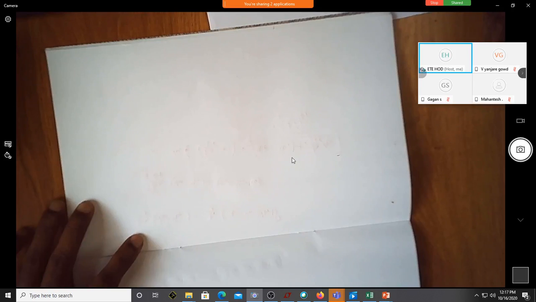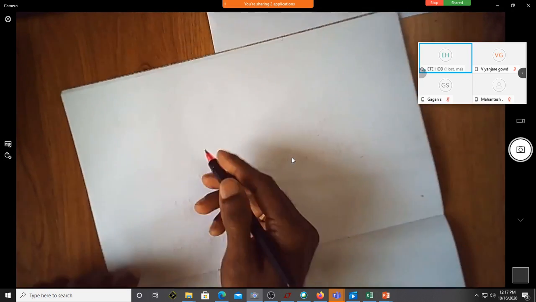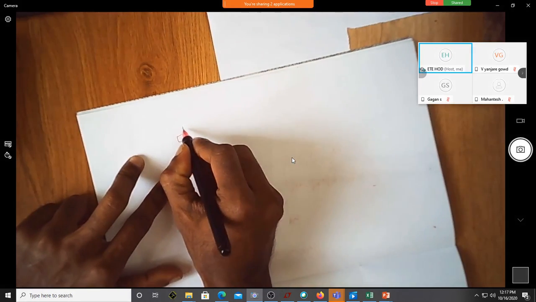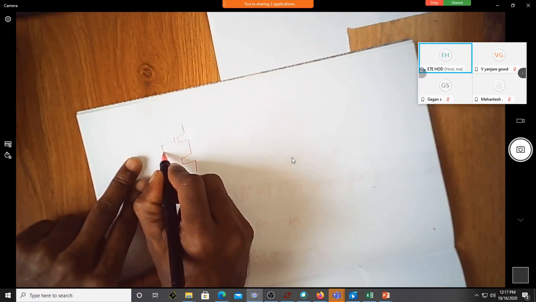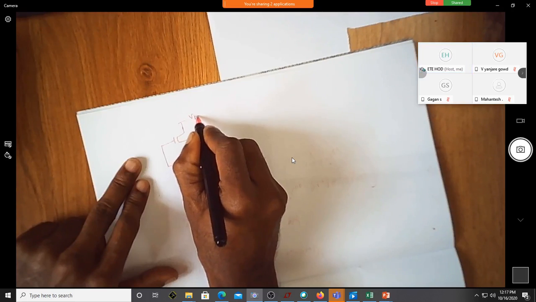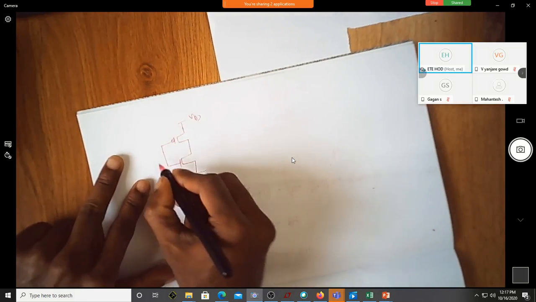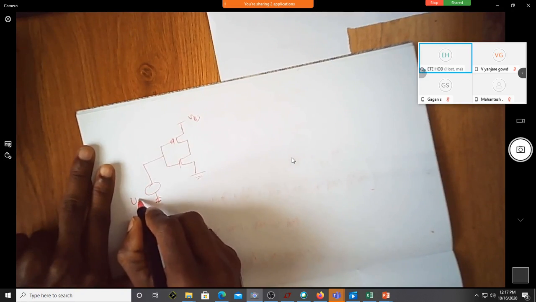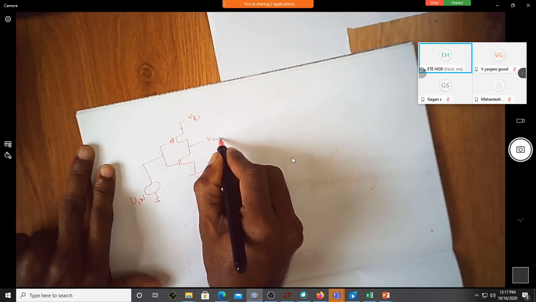All of you write the inverter circuit diagram. This is VDD, PMOS, NMOS. This is V in. This is V out.